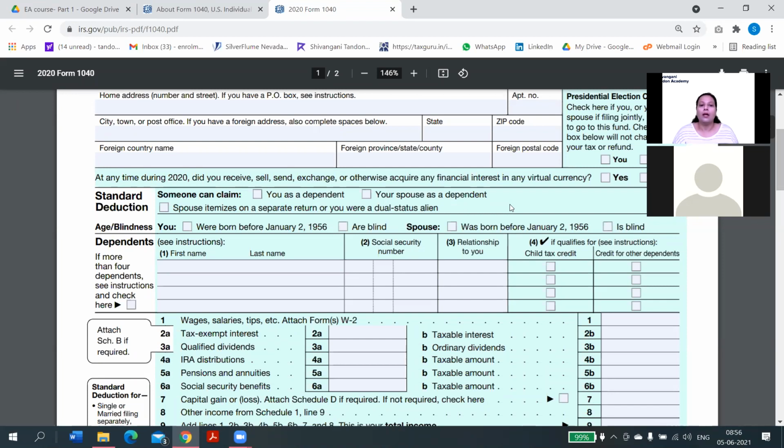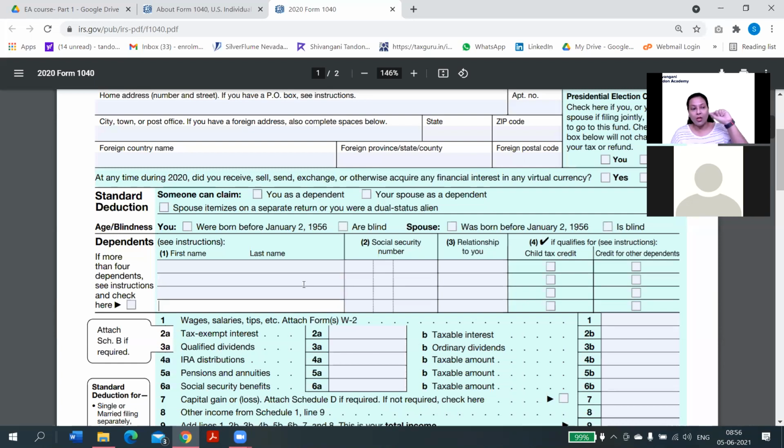Okay. Then you have dependents information. You have children who are depending on you for their education and food, your parents, your relatives who are staying in your house and depending on you, you can provide their information. Why is it important? In the US tax law, for each dependent you will get a fixed amount of credit against your tax amount.